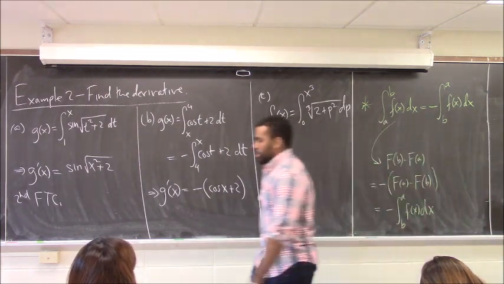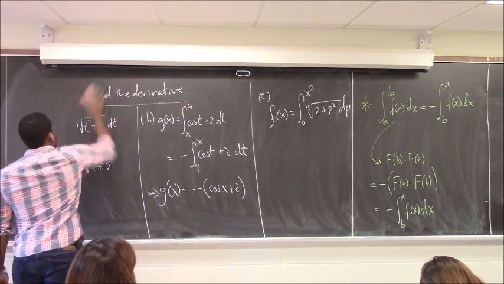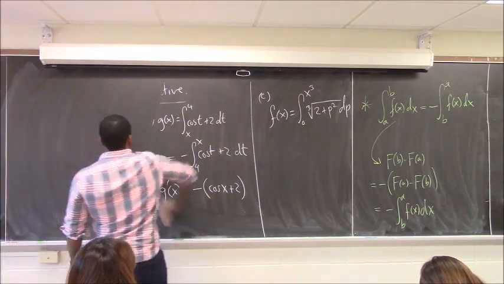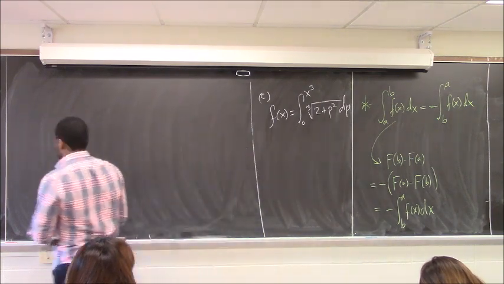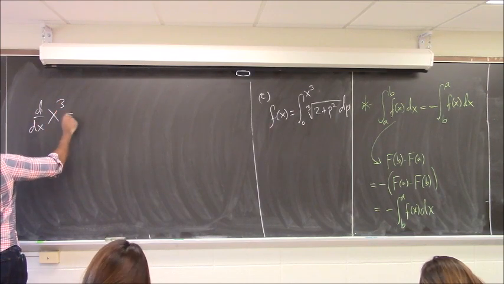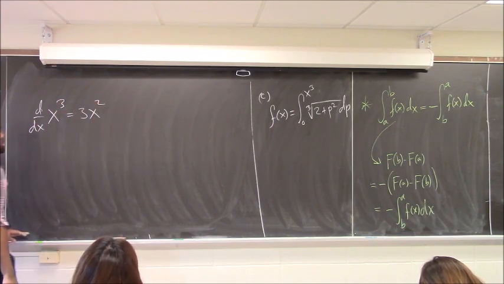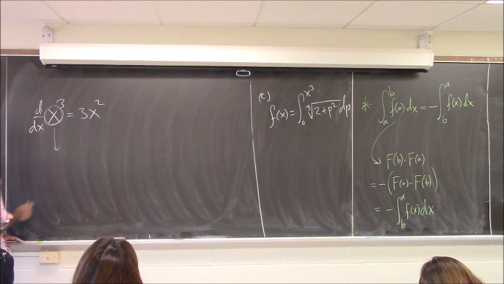Is that what your intuition from derivatives would tell you to do? Because we want to do derivatives, right? If I have a basic rule that I can state in terms of x pretty easily, say I want to differentiate x cubed. That's 3x squared. This is the rule with x. What if I replace that x with something else?